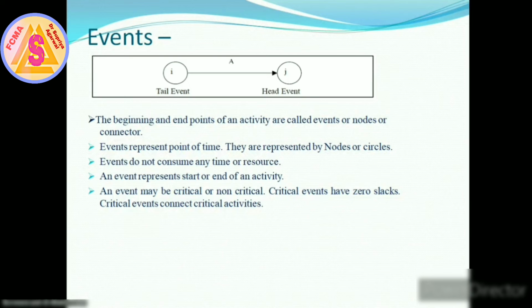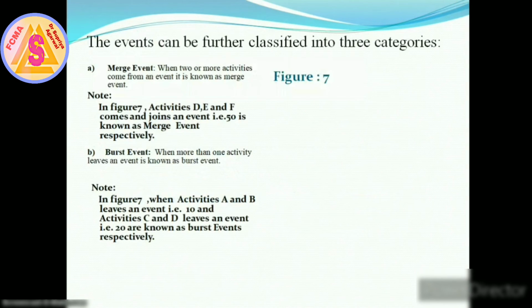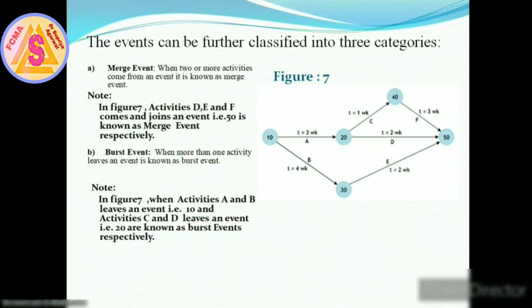Events can be classified into 3 categories: merge event, burst event, and a combination of merge and burst event. When more than one activity comes and joins an event, such an event is known as a merge event. As you can see in figure 7, activities D, E, F come and join an event, that is 50, which is known as a merge event.